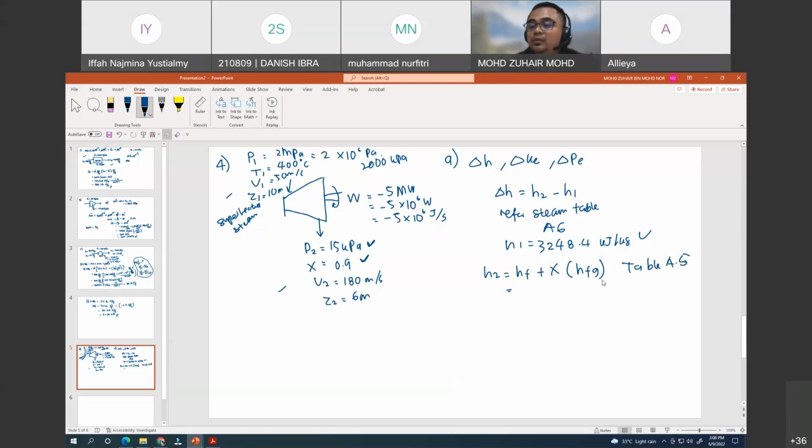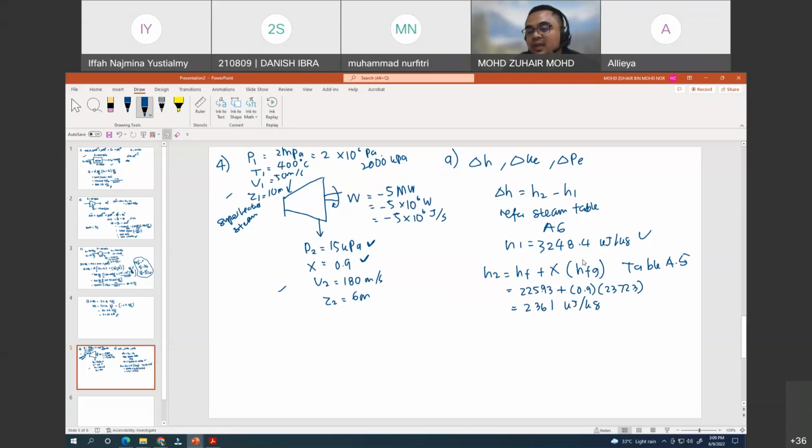So if you refer to table A5, 225.93 plus 0.9 times 2372.3, we are going to get H2 equals 2361 kilojoule per kg.